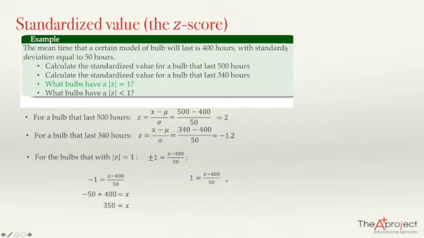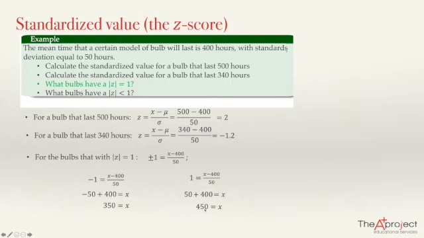You can do the same here. Multiply both sides by 50. So 50 times 1 is 50, and then add 400 to both sides. Here will appear 50 plus 400, and the x is isolated on the other side. So here you get 450.